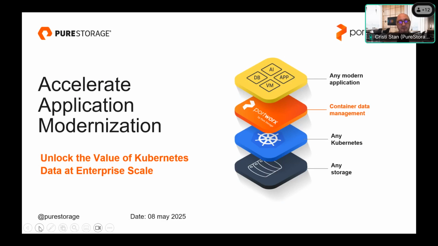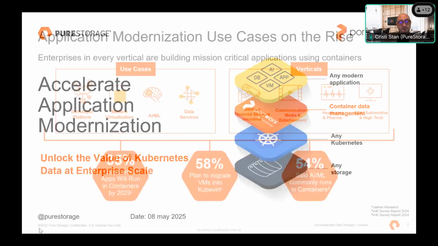We can implement some automated features inside your Kubernetes clusters related to data, and not only. Of course, we can do backup, and you'll see we are very agnostic from the platform perspective, and also from the hardware perspective.